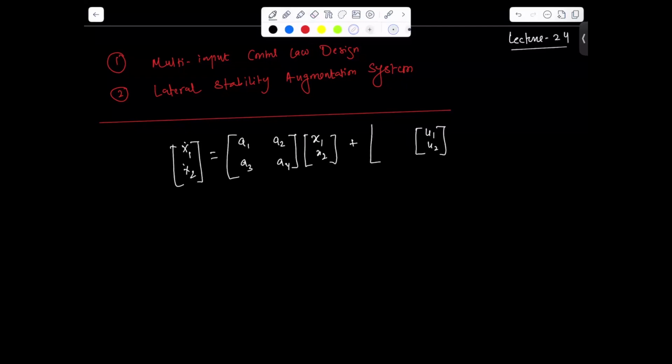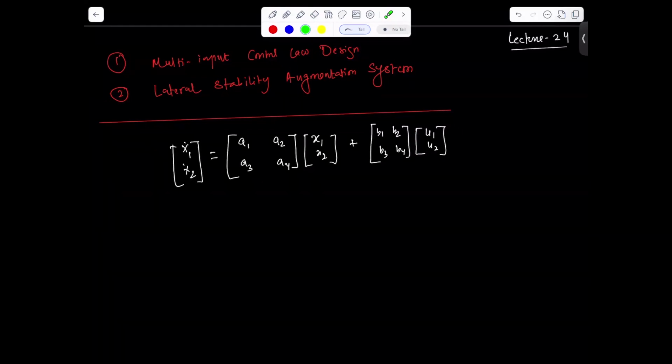The control matrix is B1, B2, B3, and B4. If you notice carefully, we have two control inputs, u1, u2. But in the previous example, the system we had taken had only one control input. So how to deal with this kind of problem?